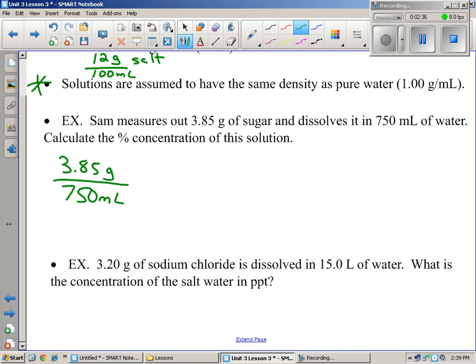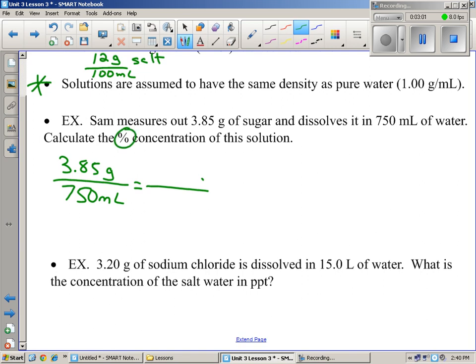Okay? Equivalent fractions. So if I wanted to figure out, I have 3.85 grams in 750, and then somebody else wants to make the same concentrated solution, how much would you need to make in 100 milliliters? How much would you have to use to make these two equal?